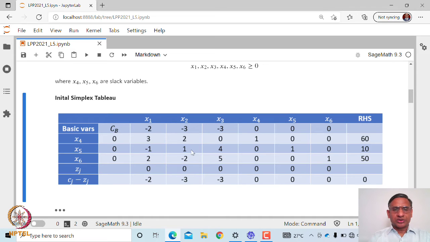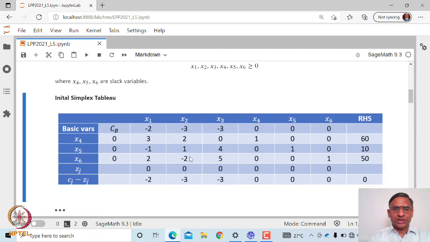For that we apply elementary row operations. What are the elementary row operations in this case? The row corresponding to x5 we divide by 1. In this case there is no need of dividing, but in order to make this entry 0, we multiply the second row by 2 and subtract from the first row.